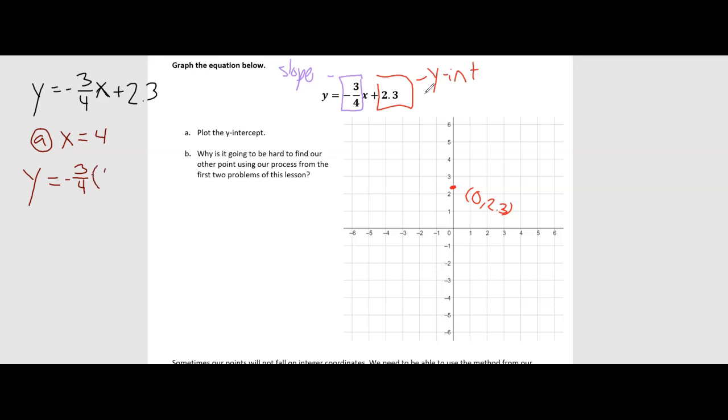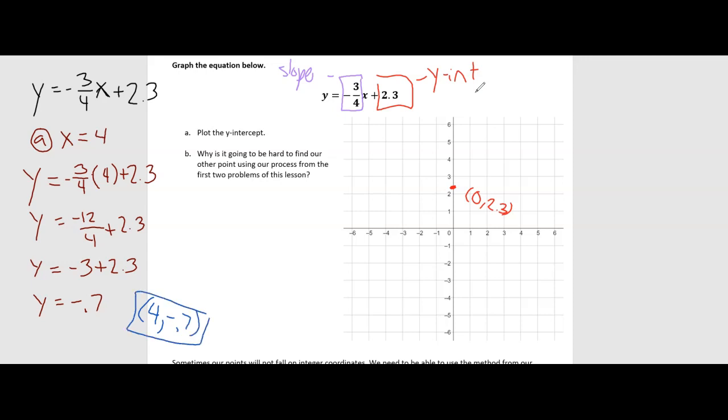So I get negative 3/4 times 4 plus 2.3. That gives me y is equal to negative 12 over 4 plus 2.3. Gives me y is equal to negative 3 plus 2.3, which gives me y is equal to negative 0.7. So my point is (4, -0.7), that's what my x value was.